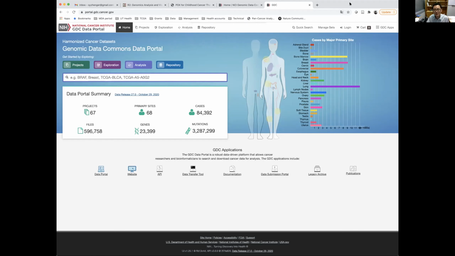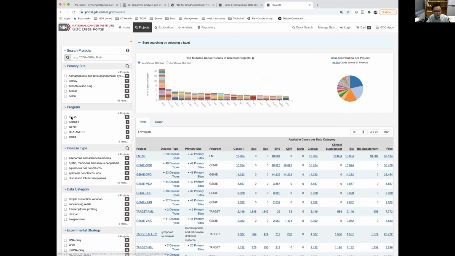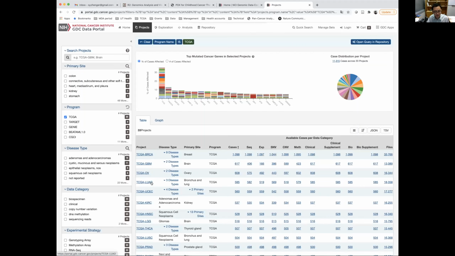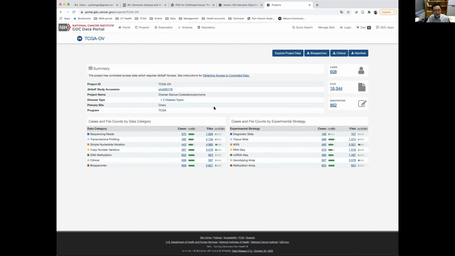So what you can do with this data is, let's say I wanted to download the TCGA data. After you click TCGA, you see all the disease types that were included in TCGA. Then you can click any, and this will bring you to a summary page of all the data generated by the TCGA consortium for this disease.